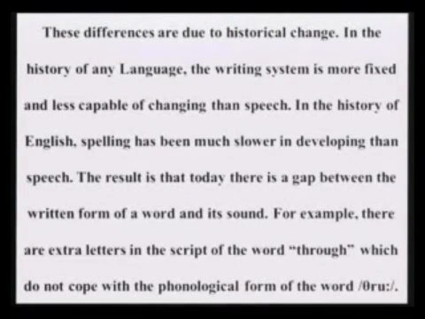For example, there are extra letters in the script of the word through. GH دي جت منين? Which do not cope with the phonological form of the word. شوف بقى احنا ما بنكتبهاش غير ث ر ر ر ر و خلاص رو.